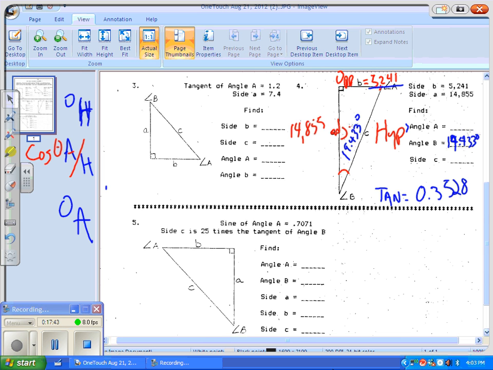But let's look at side C. That is the hypotenuse. We can use sine or cosine to find it, right? And what is your pleasure? You want to do sine, okay.